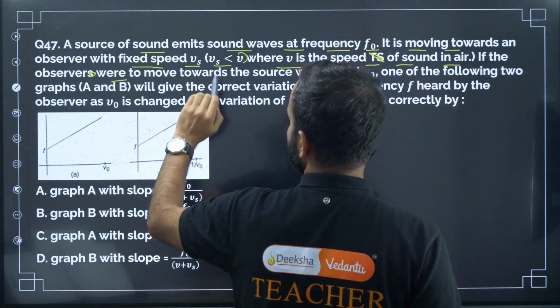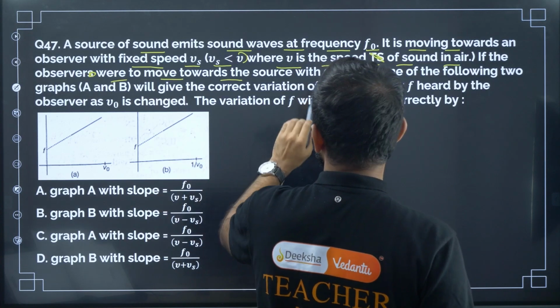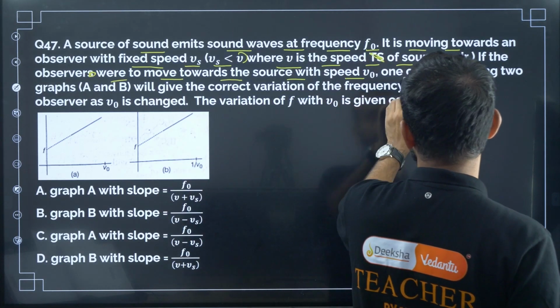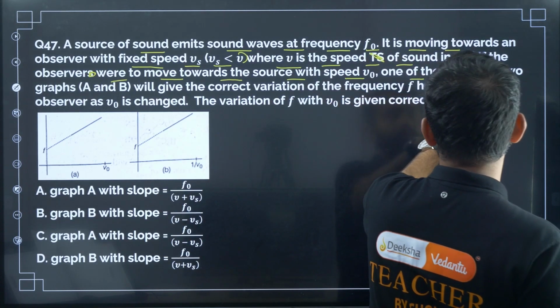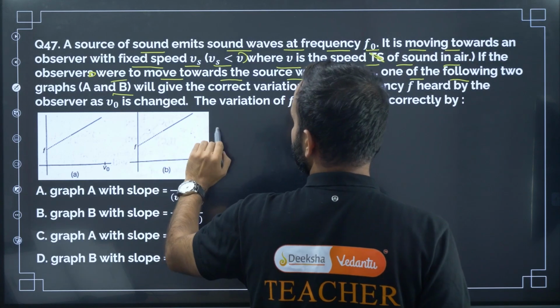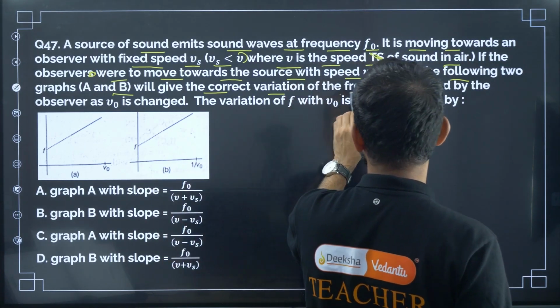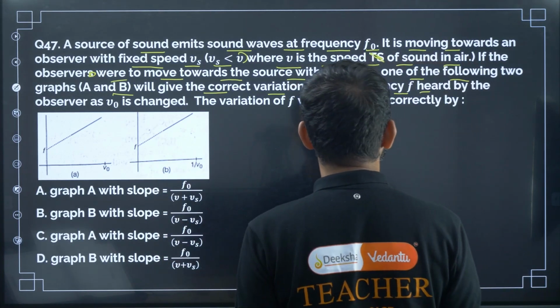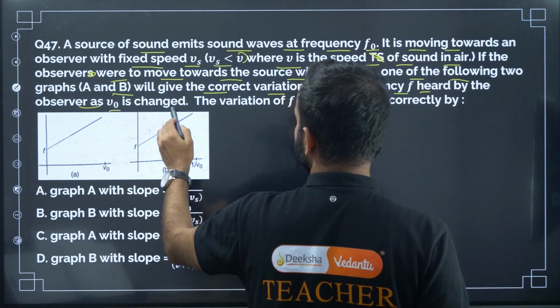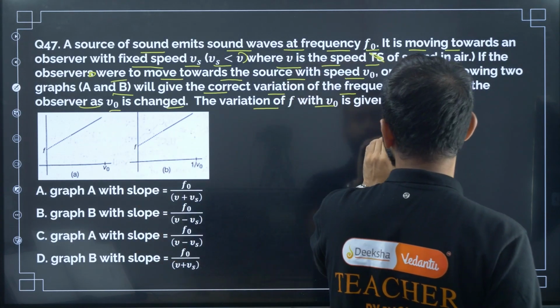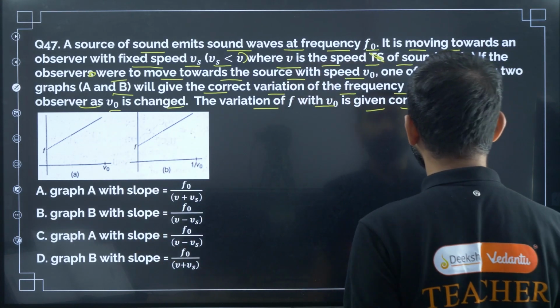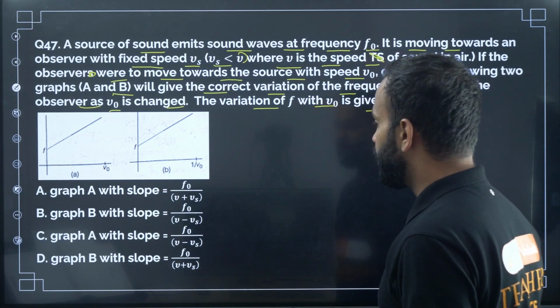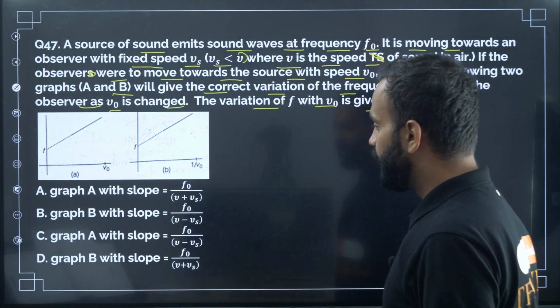were to move towards the source with speed V0, one of the following two graphs, A and B, will give the correct variation of the frequency f heard by the observer as V0 is changed. We need to find the correct graph and the slope also.